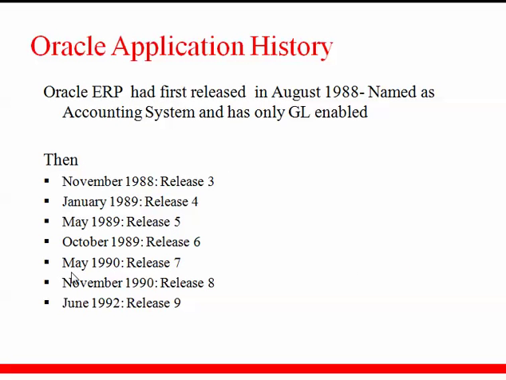Oracle application history. Oracle ERP was first released in August 1988, named Oracle Accounting System, and was only GL enabled. From then onwards, Oracle has released various versions with advanced features and capabilities.